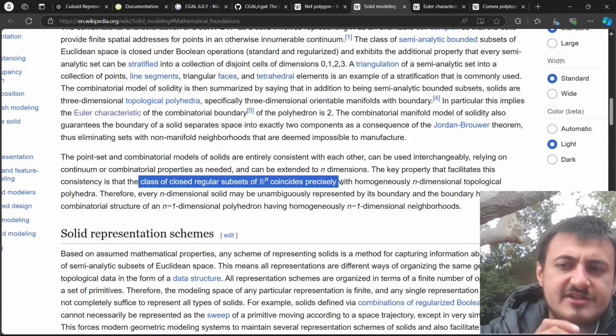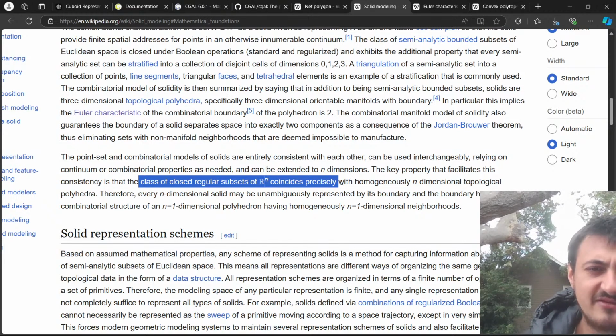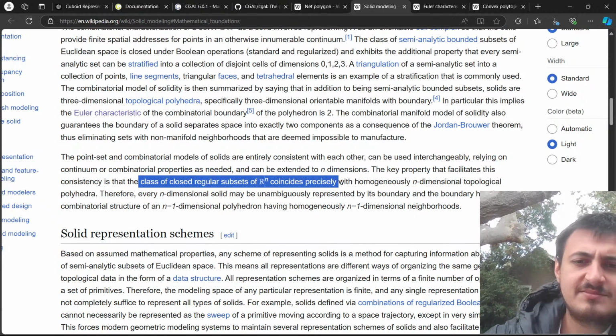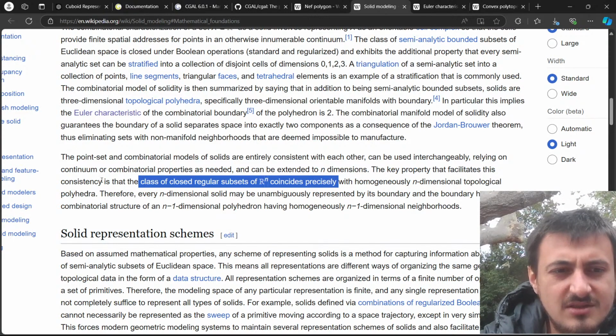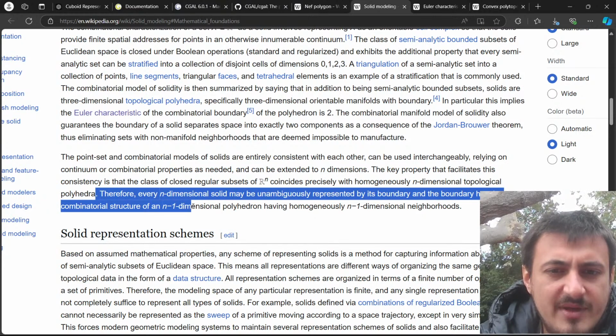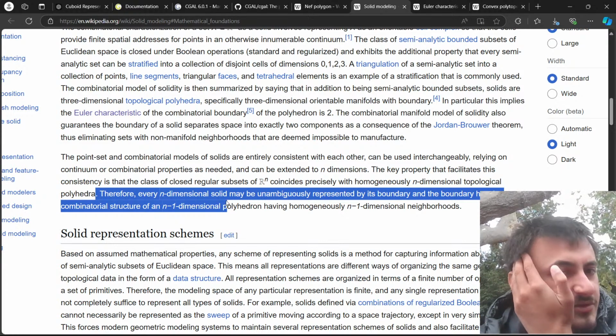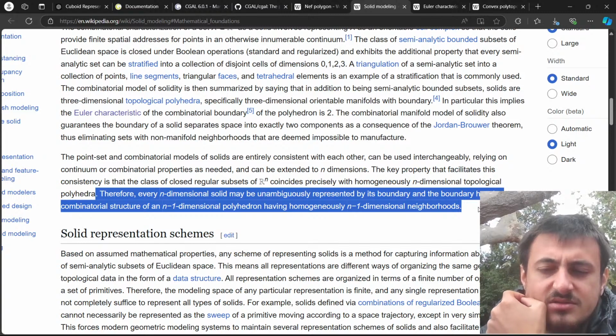The key property that facilitates this consistency is that the class of closed regular subsets of Rn coincides precisely with homogeneously n-dimensional topological polyhedra. Therefore, every n-dimensional solid may be unambiguously represented by its boundary, and the boundary has the combinatorial structure of an n-1 dimensional polyhedron having homogeneous... Okay.